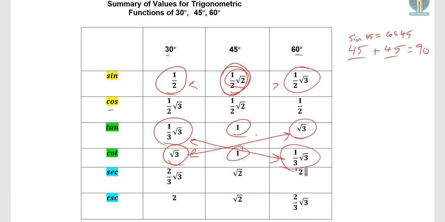So right here, cosine of 45 degrees is 1/2 square root of 2, which is the same as square root of 2 over 2. Okay. So the inverse cosine of square root of 2 over 2 is just 45 degrees. And that's how that works.